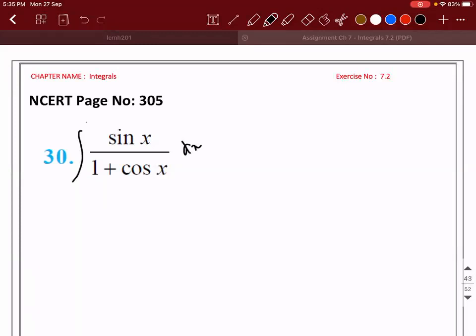Now you guys are doing fast. Tell me. So integral of sin x by 1 plus cos x. We can take 1 plus cos x as t, sir. That's right. Do it fast and tell me.